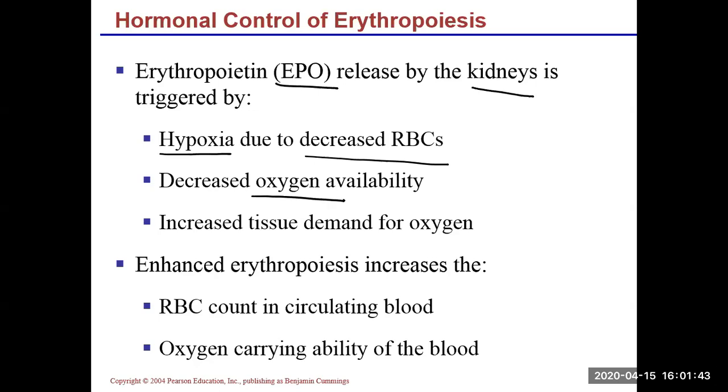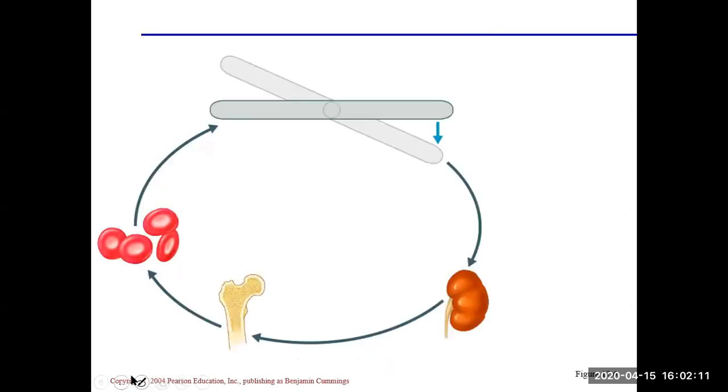Now you have low oxygen availability, and the demand for oxygen is going to be increased. This, in turn, is going to cause an alarm, kind of like triggering more production of red blood cells. So EPO is going to reach the bone marrow, and the bone marrow is going to manufacture more red blood cells.